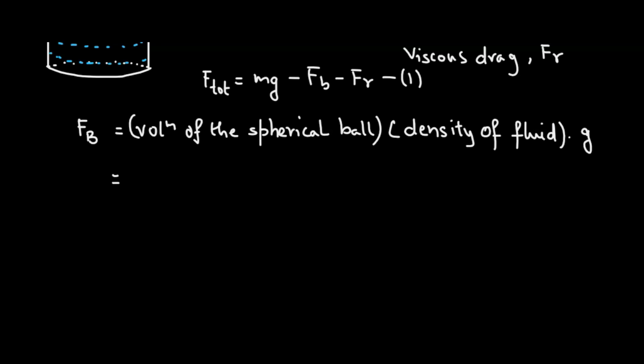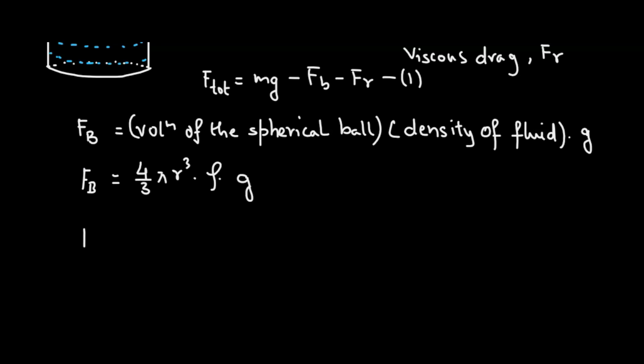So the volume of the spherical ball is 4/3 pi r cubed, where r is the radius of the spherical ball, times the density of the fluid. Let's assume the density of the fluid is rho, times gravity g. So this is our Fb, the buoyant force.